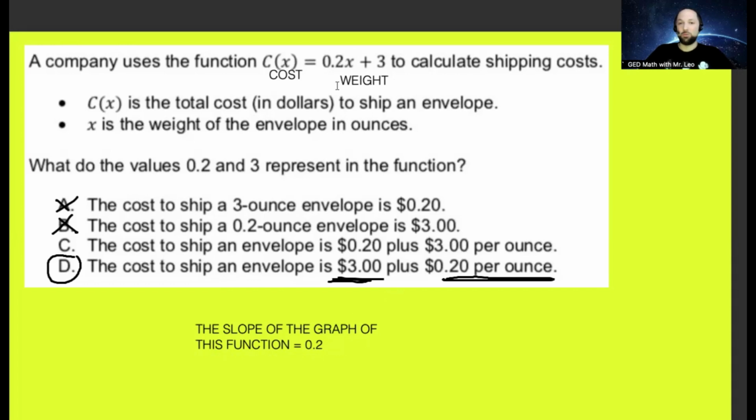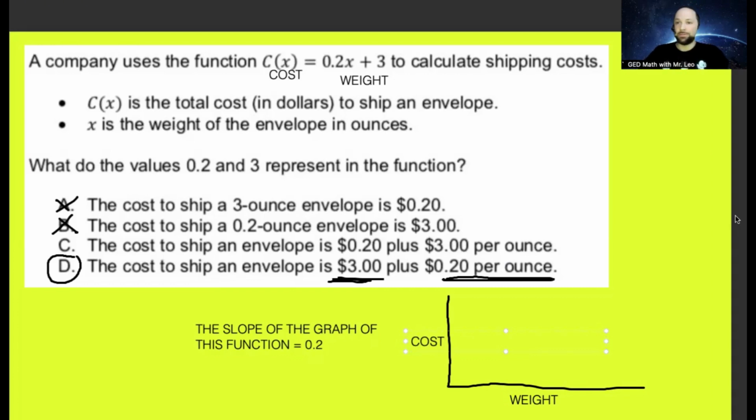This is the slope. If we were to graph this function, you would normally put the input along the bottom, literally the x on the x-axis, that would be weight. And on the y-axis, the output, you would put cost.